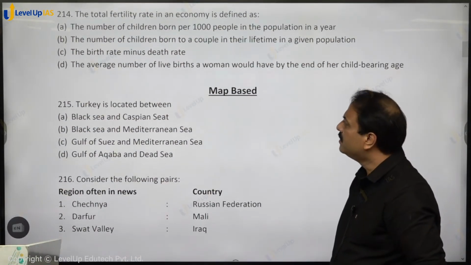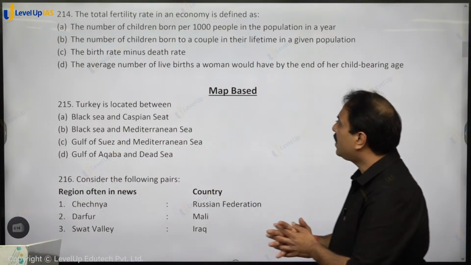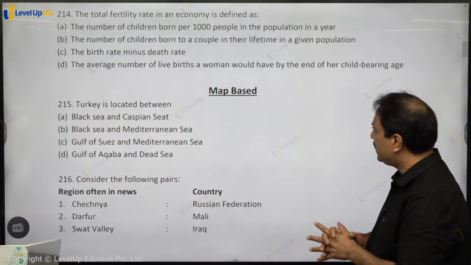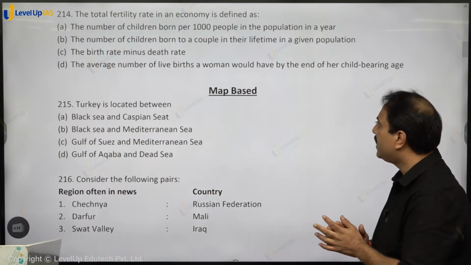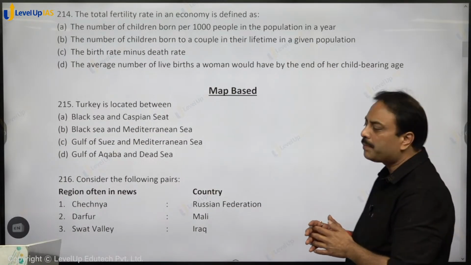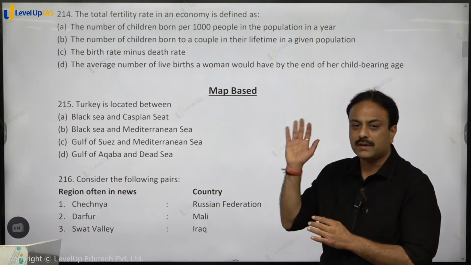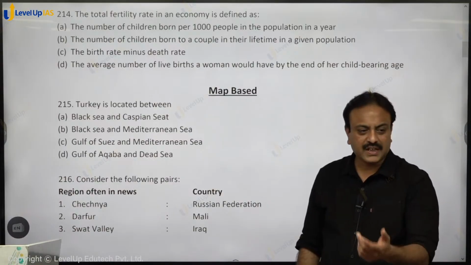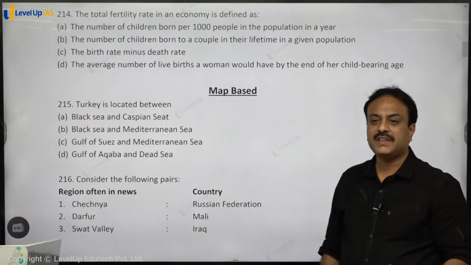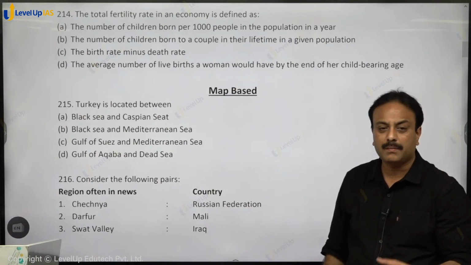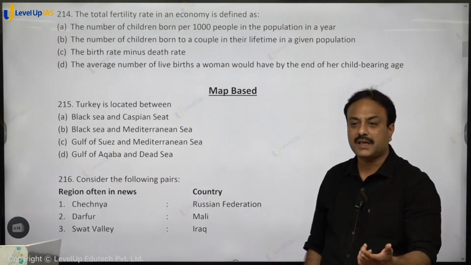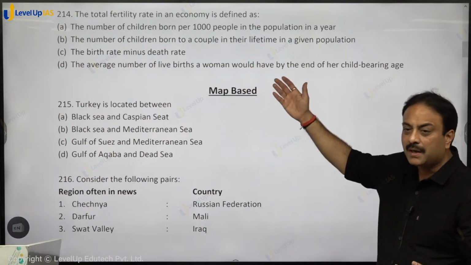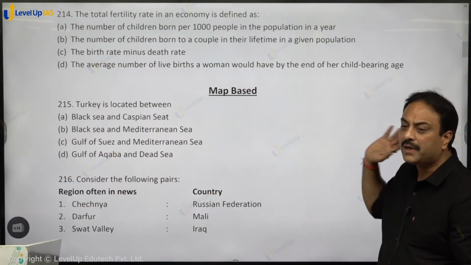Question number 214. The total fertility rate in an economy is defined as the number of children born per 1000 people in the population in a year. That is actually the crude birth rate. When we say the birth rate is high, or that the birth rate is falling, what is birth rate? The number of children born per 1000 people in the population in a year.